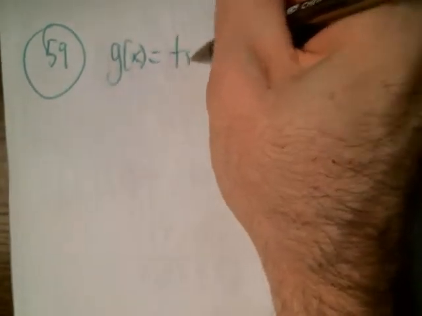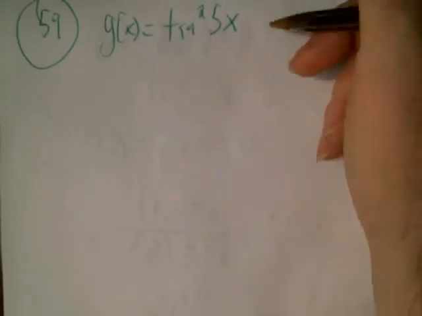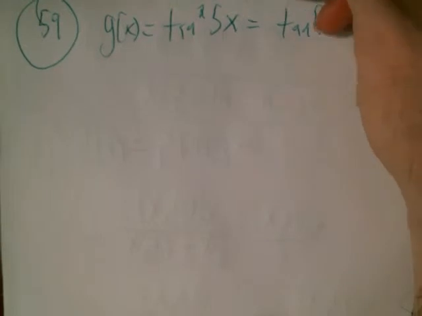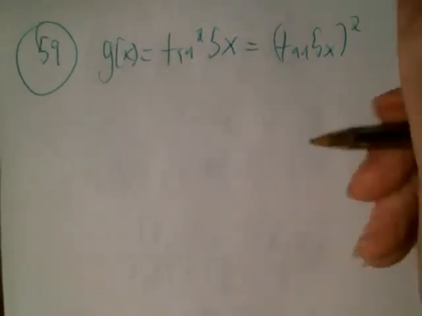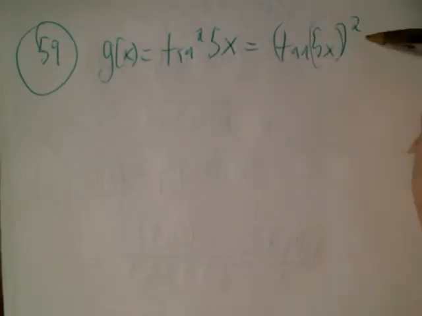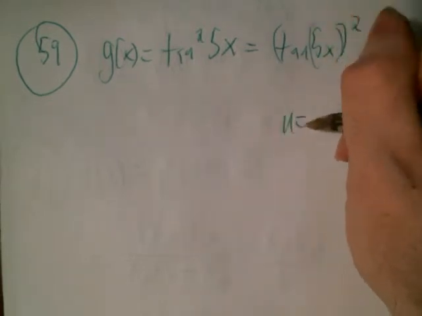59. We have g of x equaling tan squared of 5x. We could rewrite this as tan of 5x, squared. Right? And so the inner part, there's really 3 parts. The inner parentheses is the 5x, so we call that u.